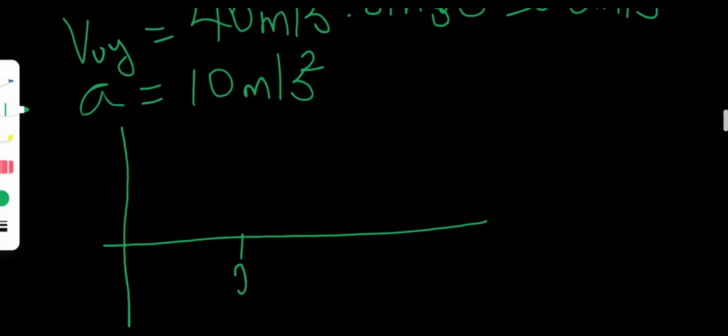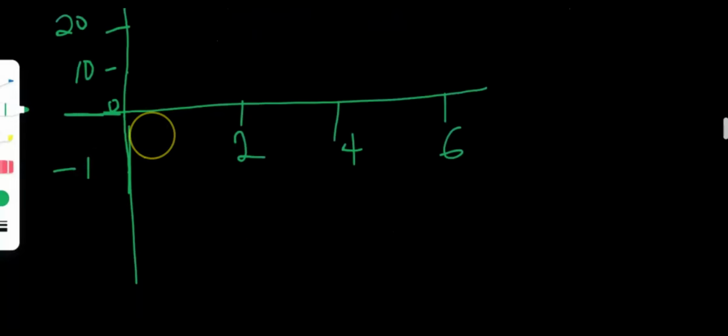This is 2 seconds, 4 seconds, 6 seconds. And now we have here 0, 10, 20, 30, and down here is -10, -20, -30.